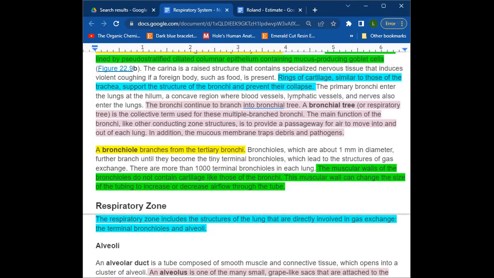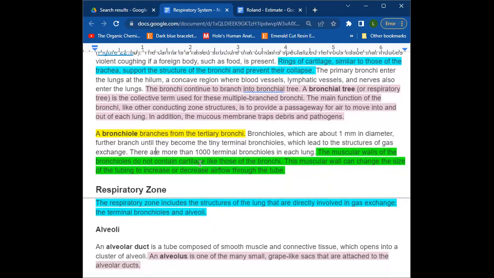And instead, they just contain smooth muscle. We need to know that the smooth muscle helps with bronchoconstriction and bronchodilation. And we're going to talk about bronchoconstriction and bronchodilation later.